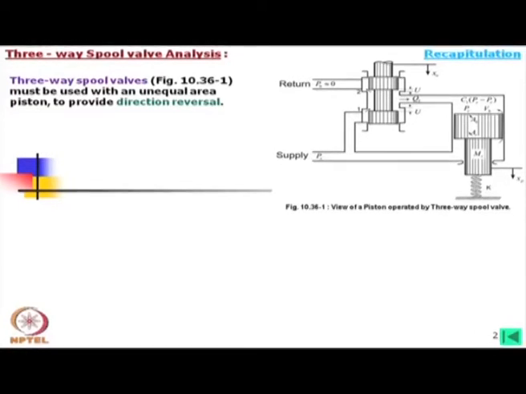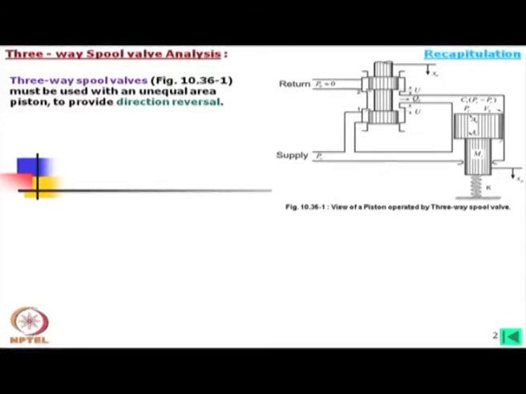If we control, say, a rotary actuator, any motor, then we prefer a four-way valve, because there the direction reversal is not very frequent. In comparison to that, where linear pistons are used, due to the frequent reversal, it is found that a three-way valve, which is cheaper than a four-way valve, can be used.